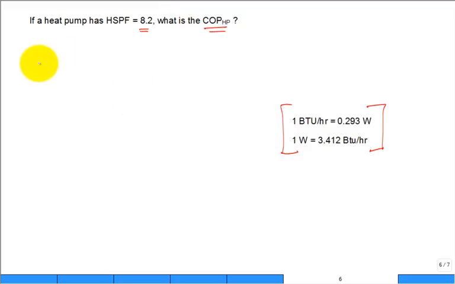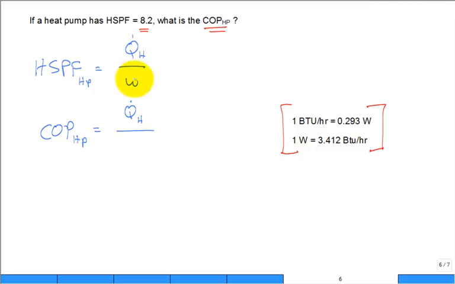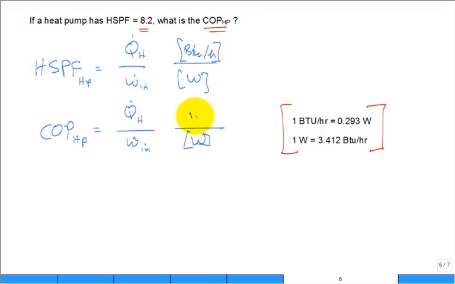The HSPF for a heat pump has the same basic definition as the COP of the heat pump. It's just that this Q dot to the hot is not the same as that Q dot to the hot. The W dot ends are the same units of either watts or kilowatts, but the numerator in the ratio is BTU per hour instead of watts.